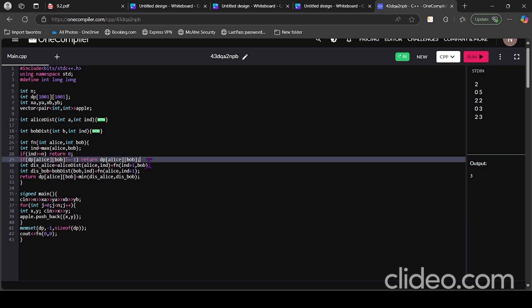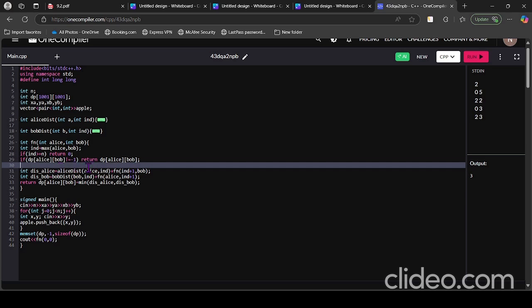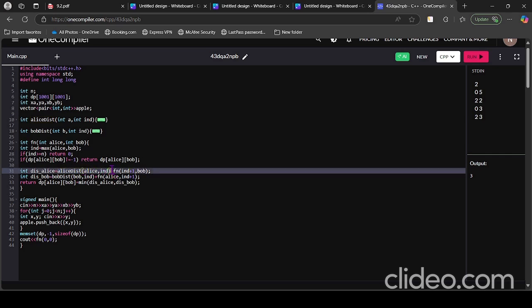And now coming to the cases where Alice is going to take the present apple. If Alice is trying to take the present apple, the distance traveled by him is the Alice distance of the Alice current position and the index, plus the function of index plus 1 and Bob. What is this? Alice is collecting the apple at index ind.